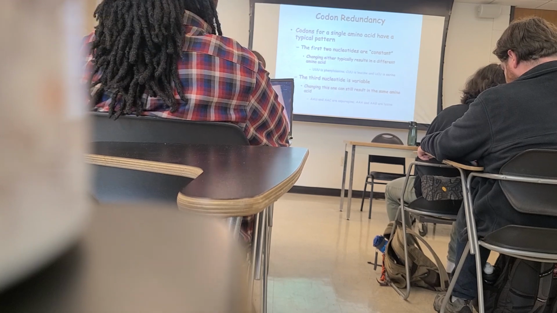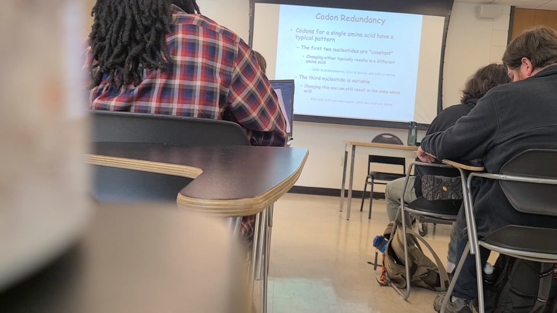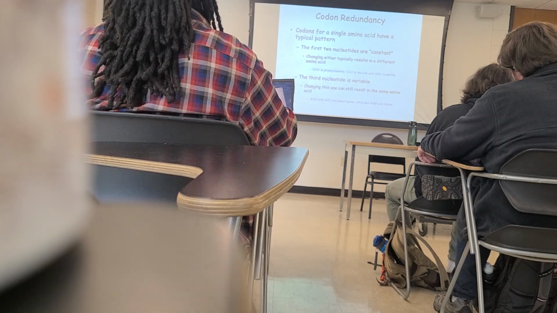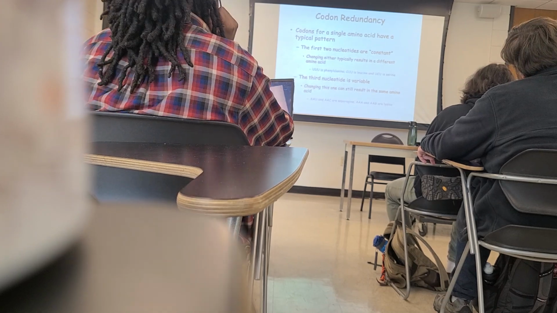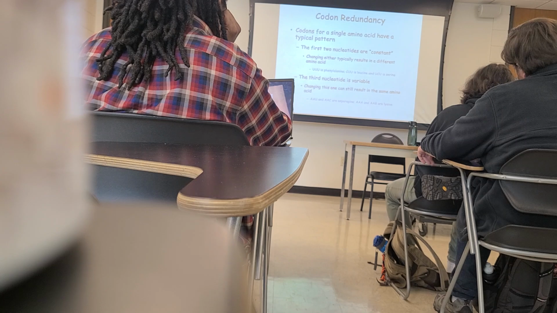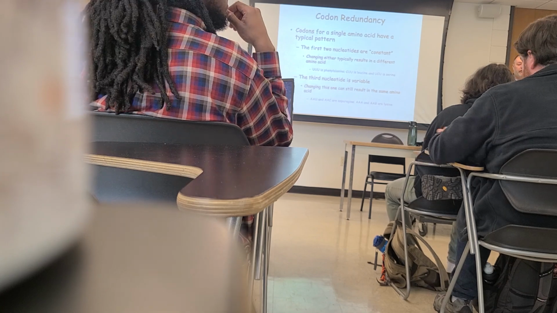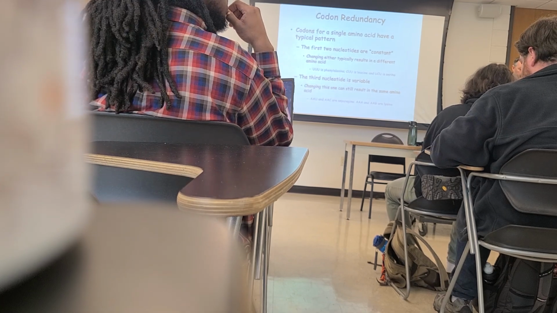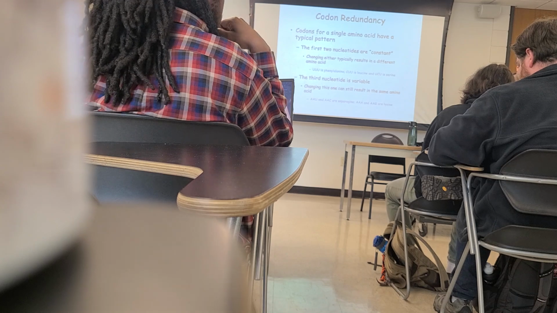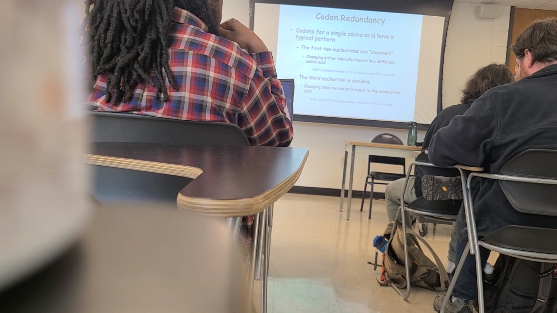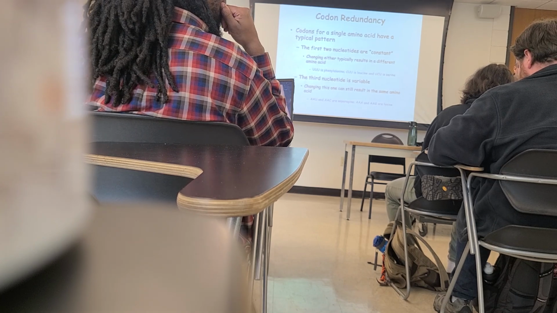Purine to purine or pyrimidine to pyrimidine will typically give us the same amino acid at that location. If we go the other way, purine to pyrimidine, pyrimidine to purine, we may change the amino acid. So redundancy is not foolproof, but it does give us a little bit of leeway, a little slop in the translation machinery.